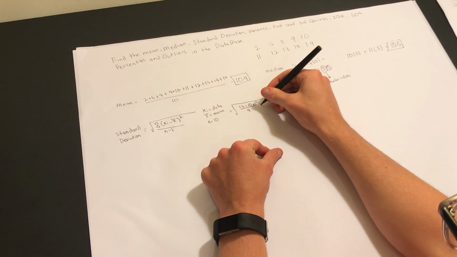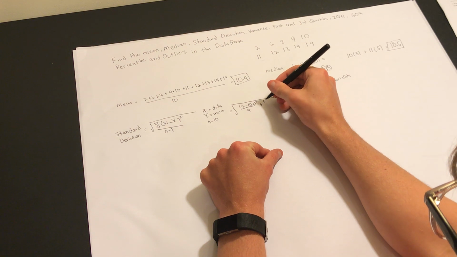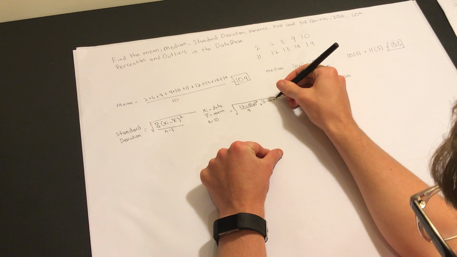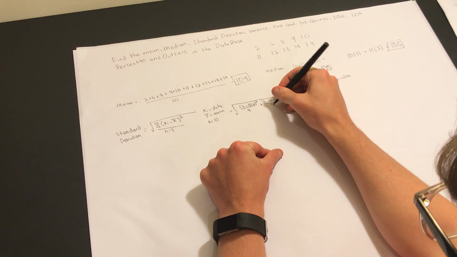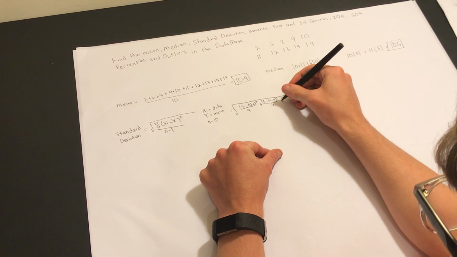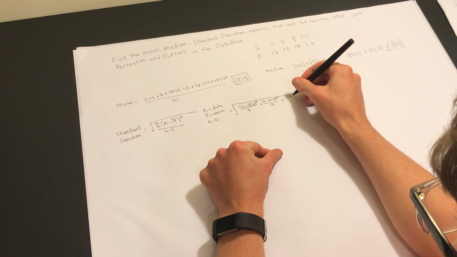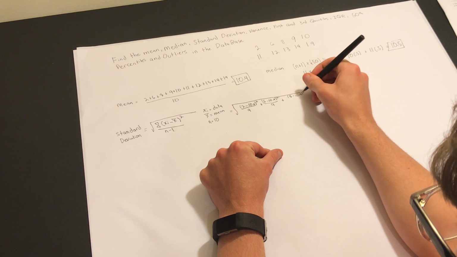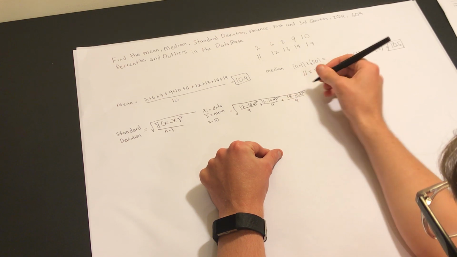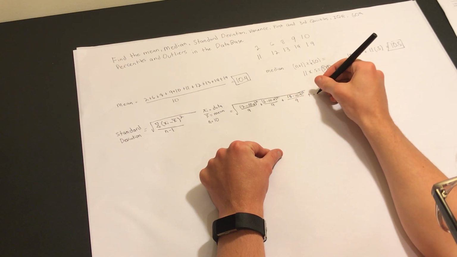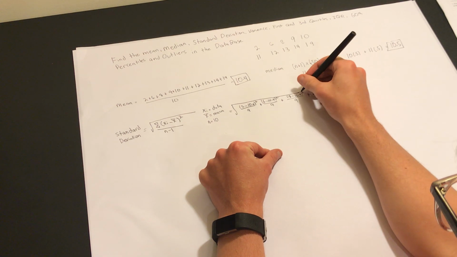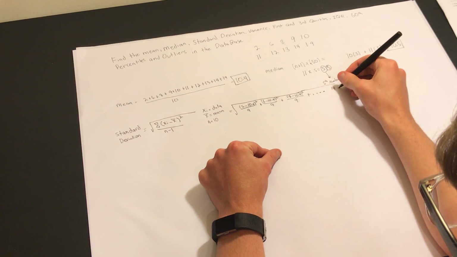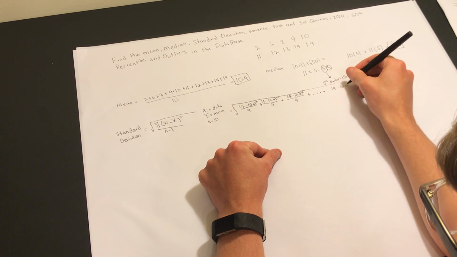And now we're going to add 6 minus the mean, squared, all over 9. Then we're going to add 8 minus the mean, squared, all over 9. And we're going to keep doing this until we get to the last one, which will be 19 minus the mean, squared.